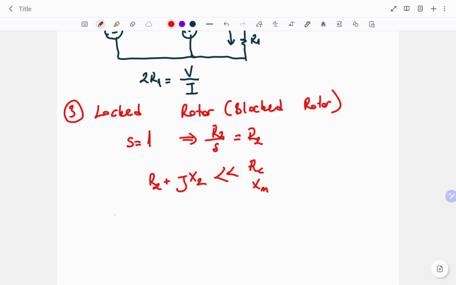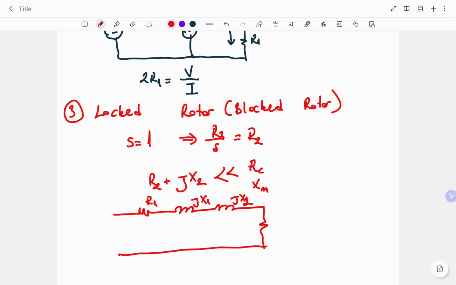So our circuit can be R1, X1, X2, and R2. Not R2 over S for that part, because slip will be 1 during that operation.